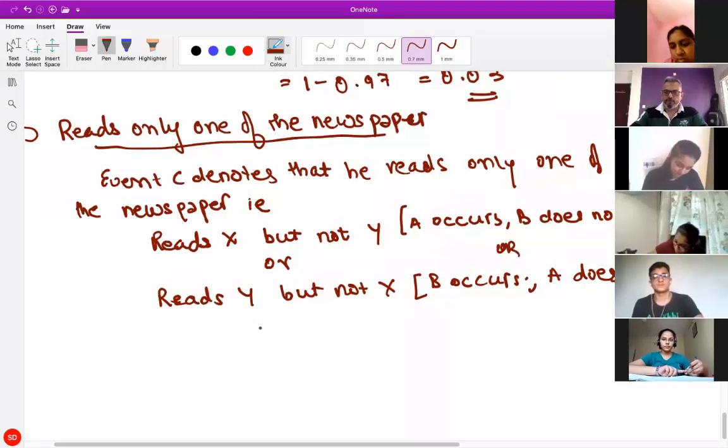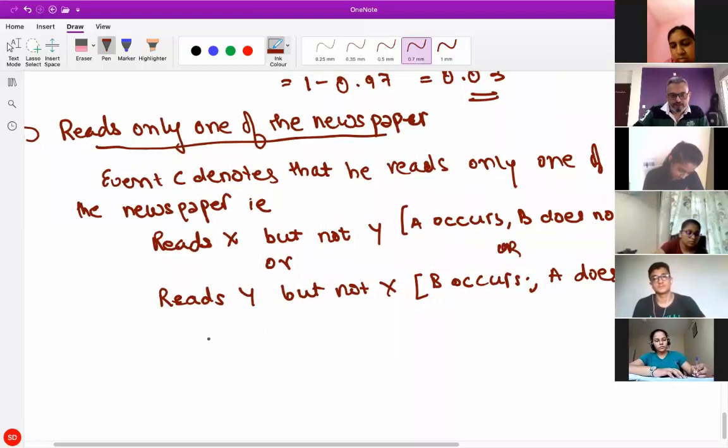So how we solve this? We use difference event.